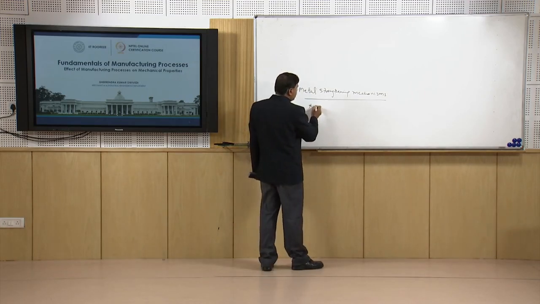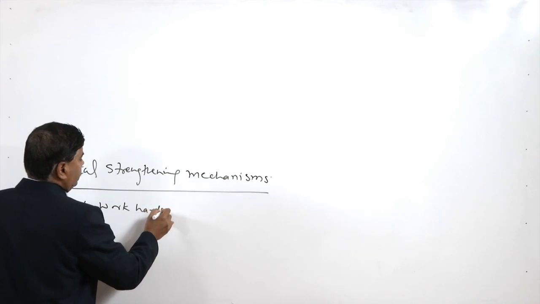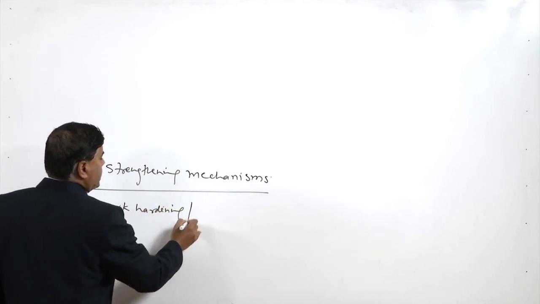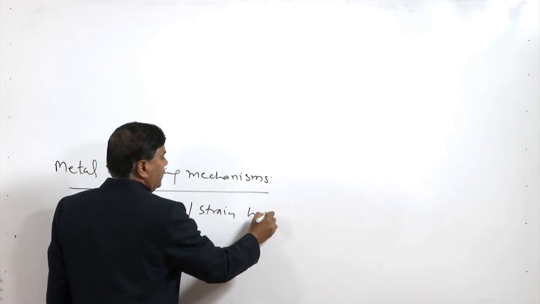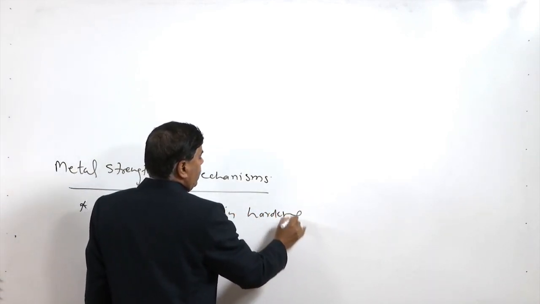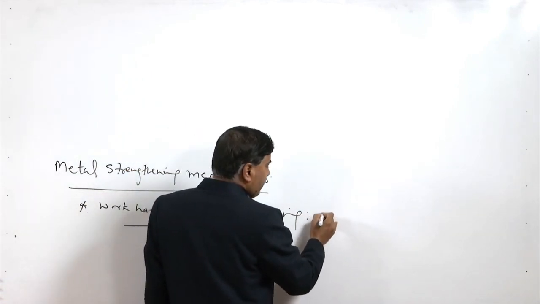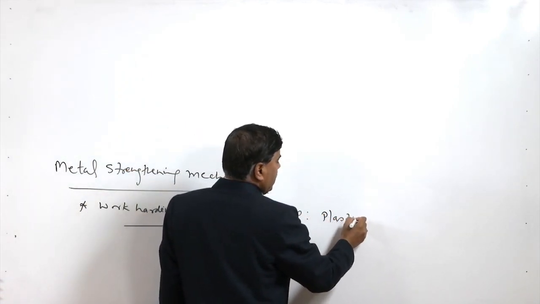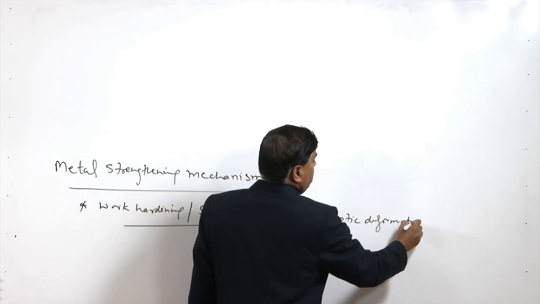So, one is the work hardening. This is also known as strain hardening. Strain hardening occurs whenever there is plastic deformation of the material.